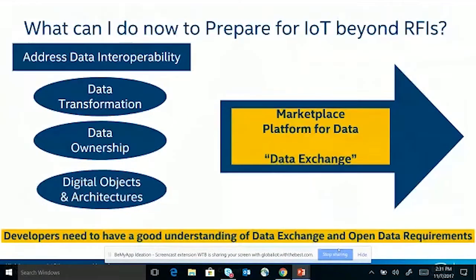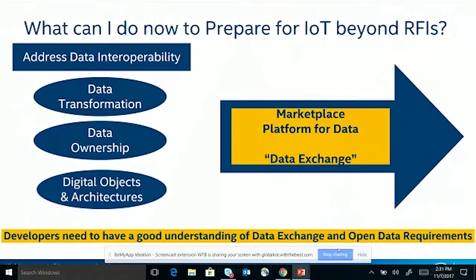So as we talked about this beyond RFIs, I want to introduce this concept around marketplace platforms for data, or what is termed today data exchange. And the reason that I want to talk about data exchange is I briefly discussed the data interoperability, the data transformation, the data ownership, and some of the digital objects.